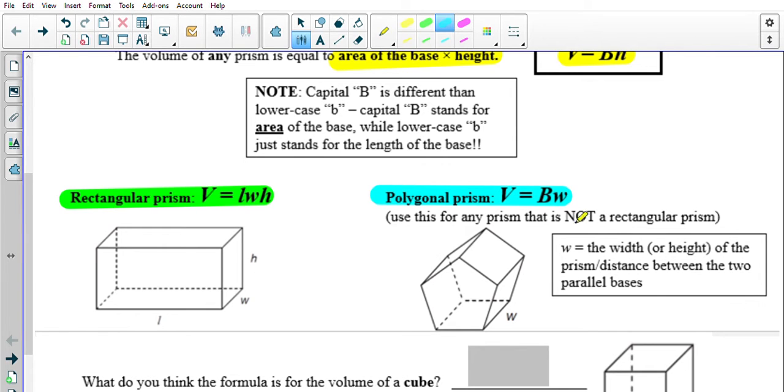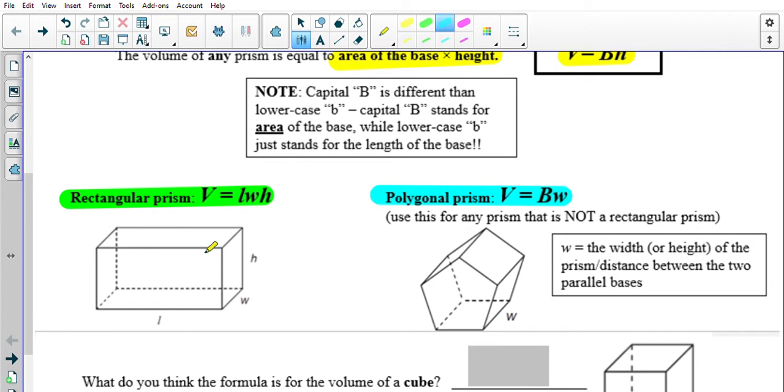It's also the distance between the two parallel bases as well. Use this formula for any prism that is not a rectangular prism. That includes triangular prisms, pentagonal prisms, octagonal prisms. But you can use it for any shape that's not a rectangular prism. Technically, you can use it for a rectangular prism. This formula is a lot simpler though.